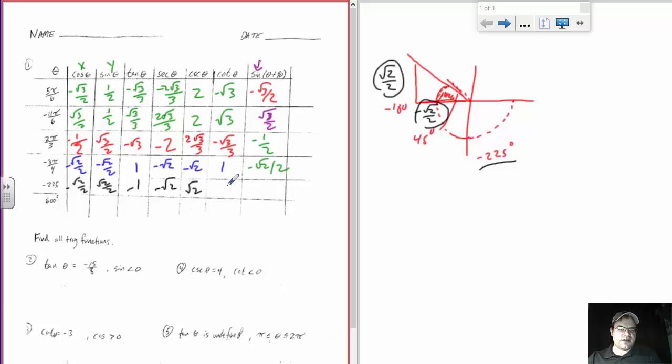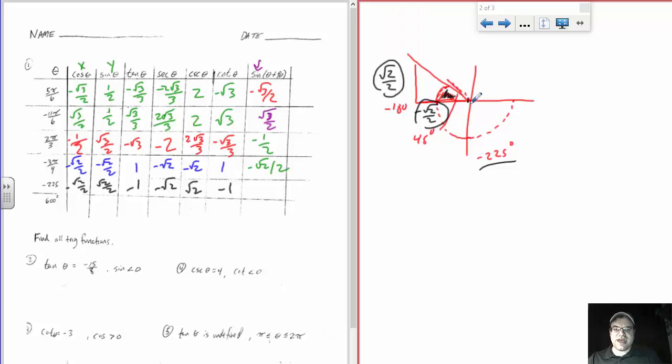Cotangent, if I flip negative 1, I get negative 1, and then now we're going to add 90 again. So here I am. I know this angle here is 45 degrees. If I add 90, I'm going backwards because this angle is negative. So adding to it is going to make it go counterclockwise. So it's going to be here because this will be 45 and this will be 45, and it gives me the right angle that I want, which is 90. So this is where I am here, and this angle, of course, now is 45 degrees.